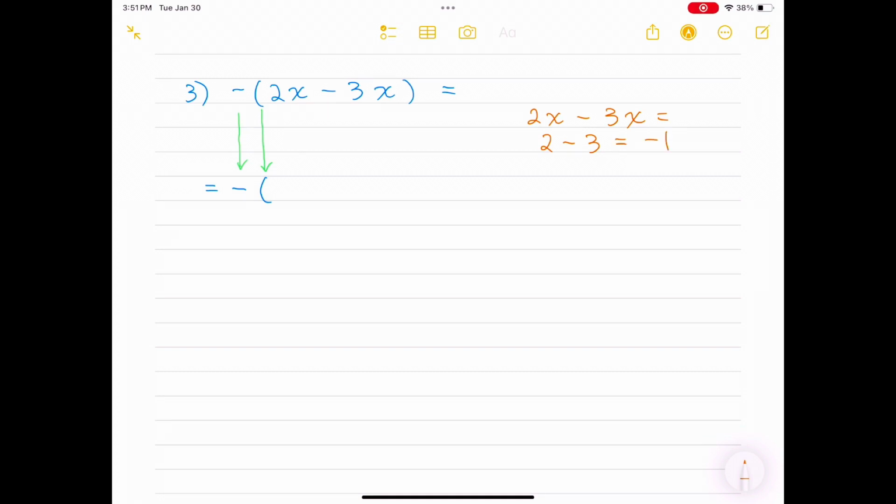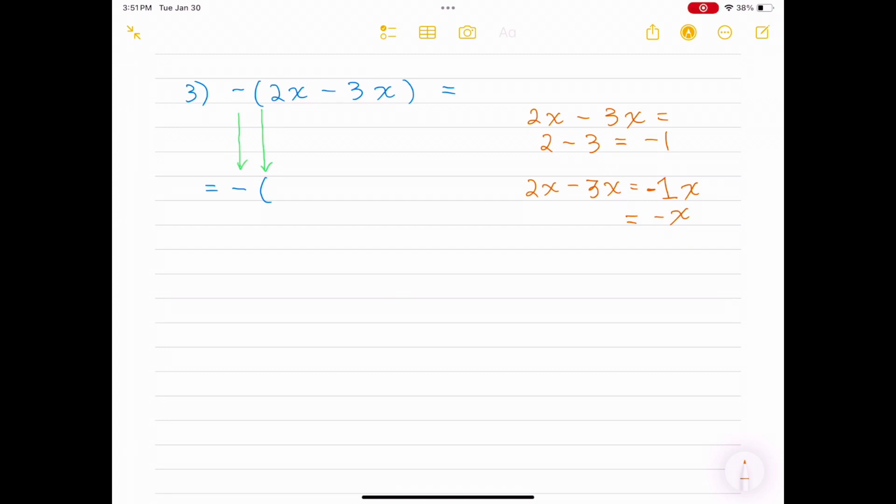And again, we take the coefficients, 2 minus 3, which equals negative 1, and then multiply that with the variable x. So 2x minus 3x equals negative 1 times x, or negative x.